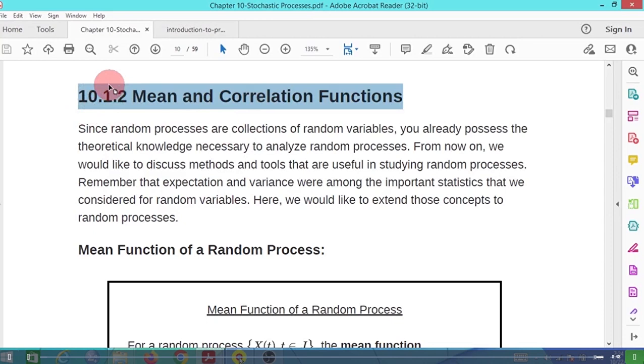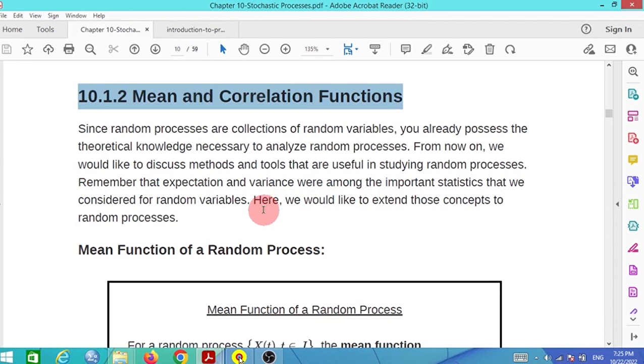Subsection 10.1.2. The name of the subject in this subsection is mean and correlation function. Since at each time X of t is a random variable, we can study the properties of a random variable.